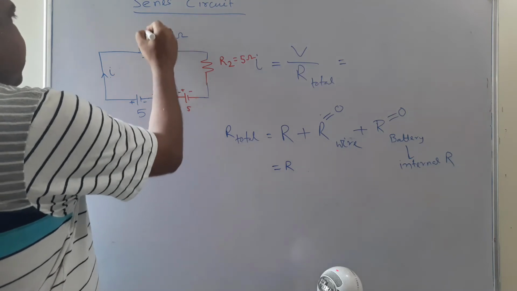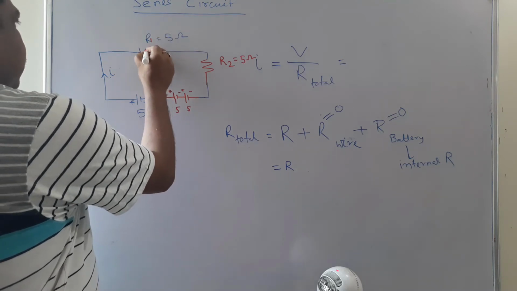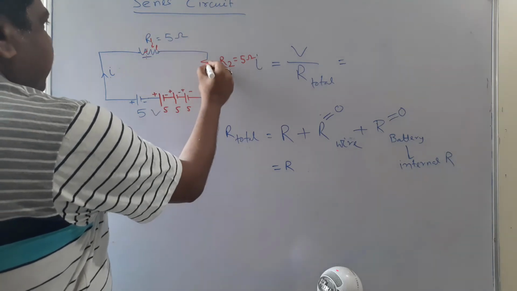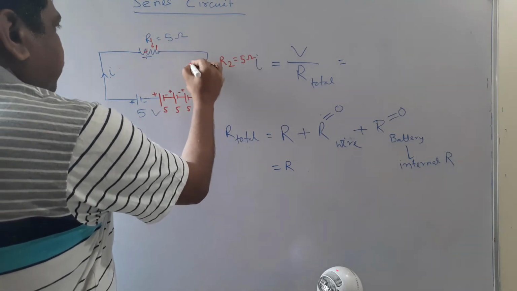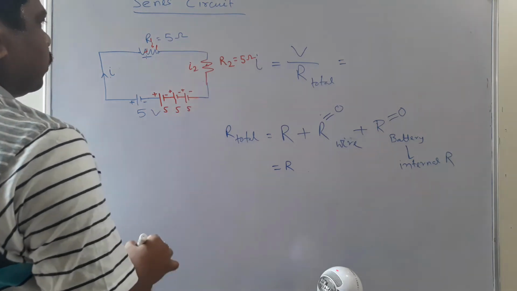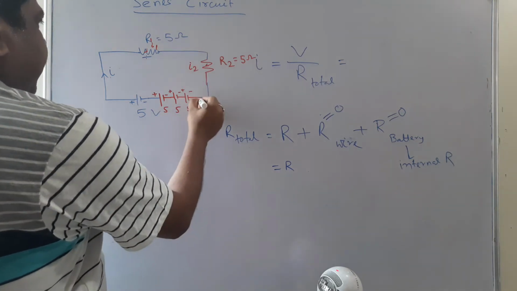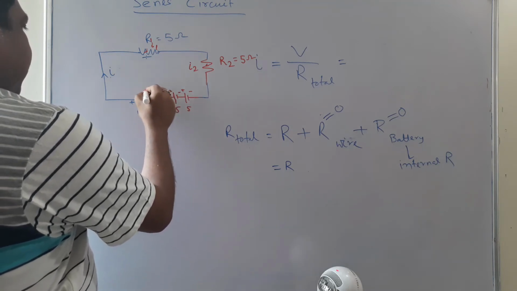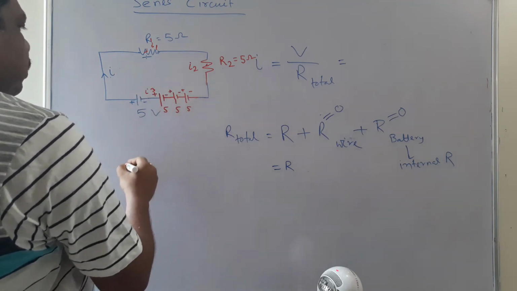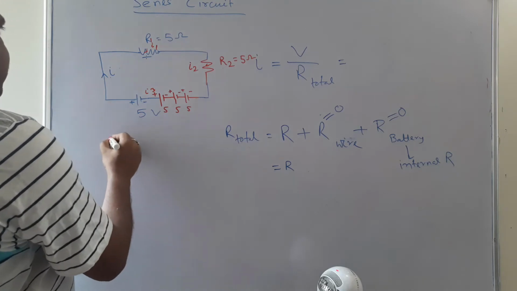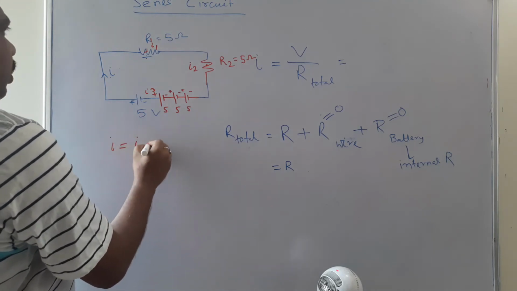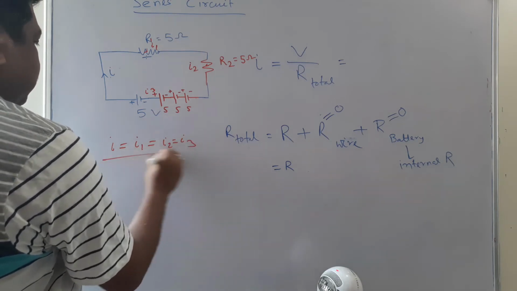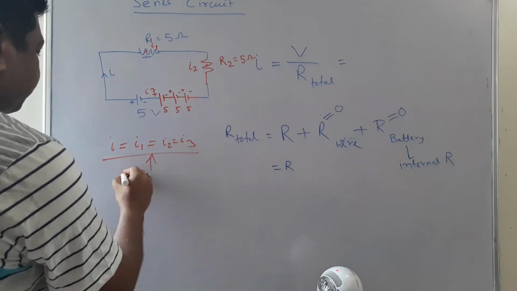So let's say this current is I1 and this current is I2, and the current flowing in this cell, let's say it's I3. So I equal to I1 equal to I2 equal to I3.